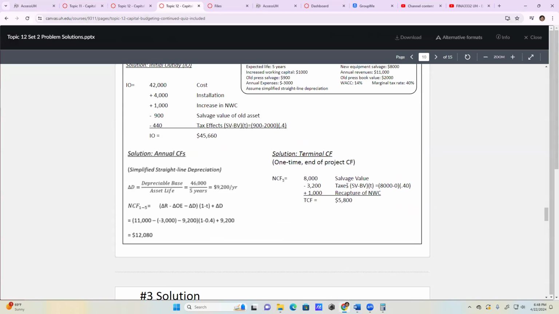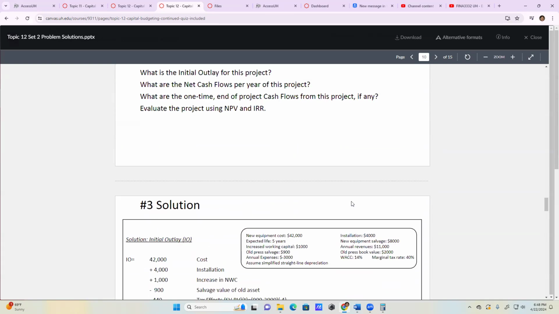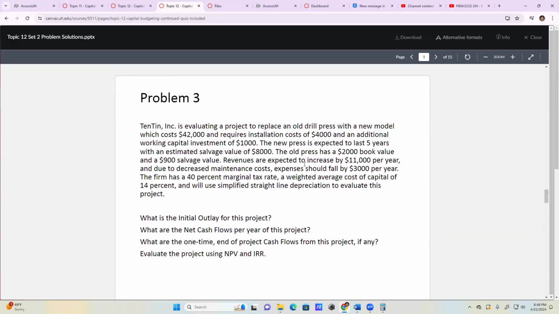Do you guys see how the tax effect over here is 8,000 minus the book value of 0, right? But below this, it's salvage value minus book value of the same thing. So I try to read the question to see how to identify if it's referring to that.